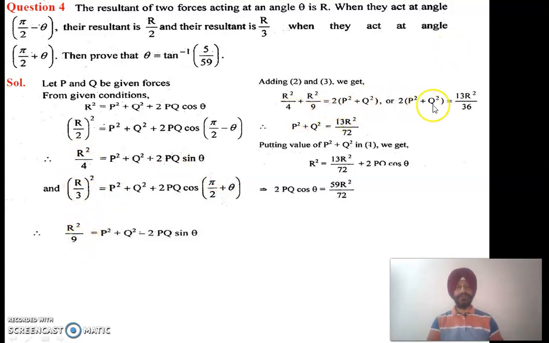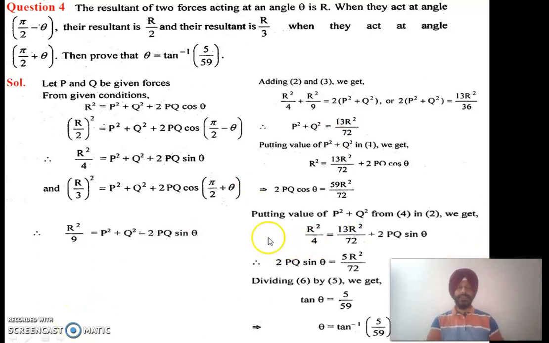Adding these two, we got P square plus Q square is equal to 13 R square by 72. Put this value in the first one, and then we got PQ cos theta is equal to 59 R square by 72.